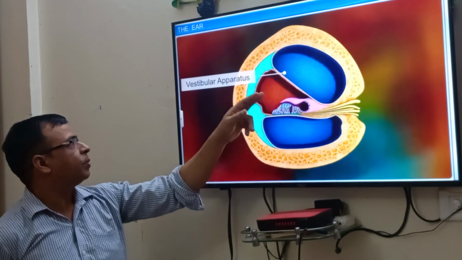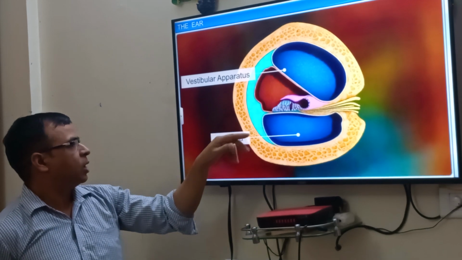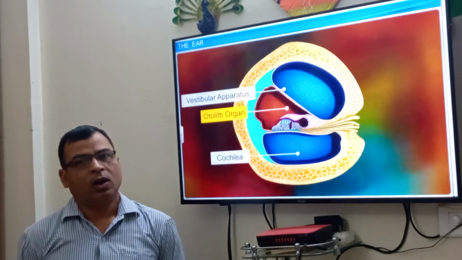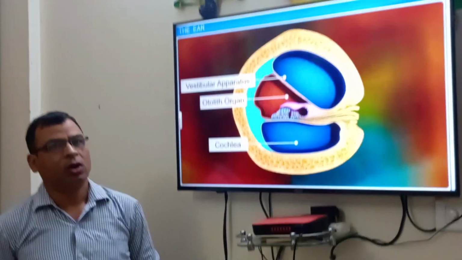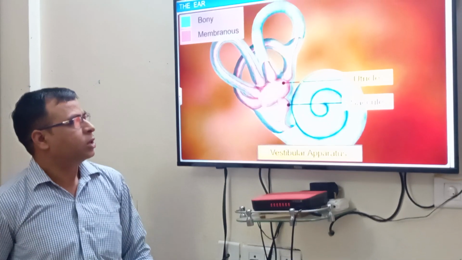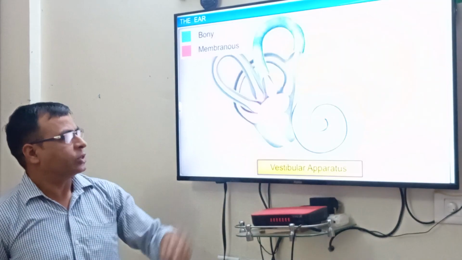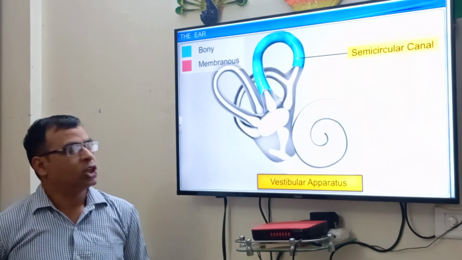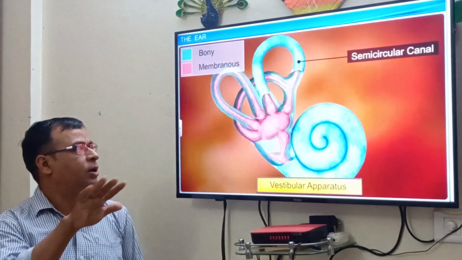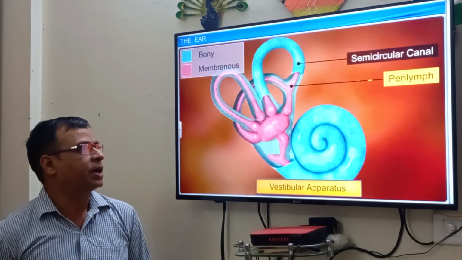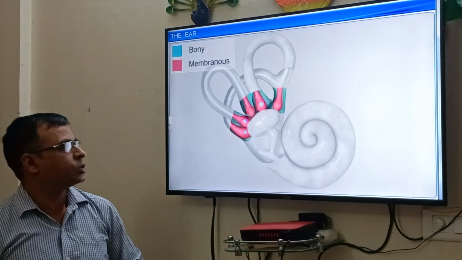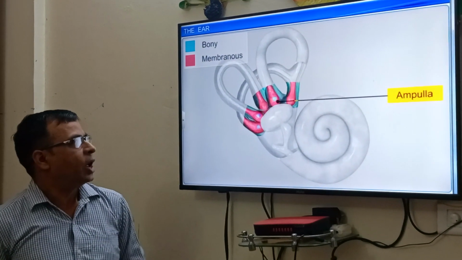The inner ear has two portions: the vestibular apparatus and the cochlea. The vestibular apparatus is mainly for maintenance of body posture. It is made of the utricle, saccule, and three C-shaped semicircular canals in different planes at right angles, filled with perilymph fluid.